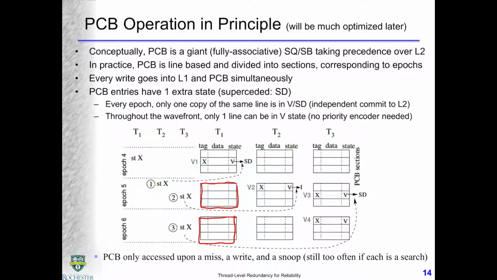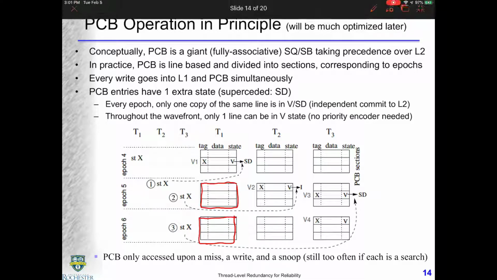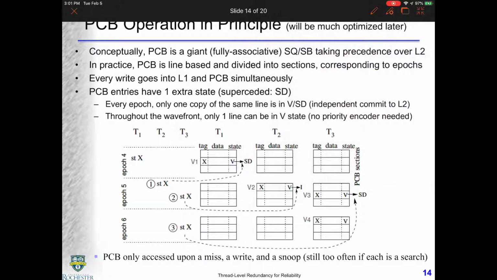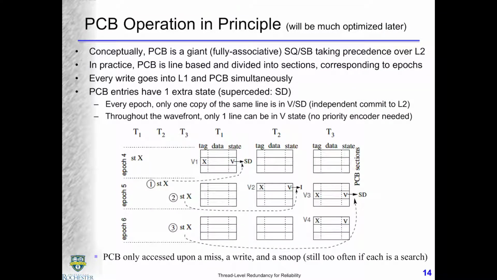Maybe it contains just one store to one word inside the entire cache line. Maybe it contains 7 stores to the entire cache line, but this is the unit that we decide to stay with. It's much more efficient that way to match the size of your cache. So all of these entries that you're seeing over here, they're all cache line size. Okay. So let's walk through some examples to show you some of the properties.